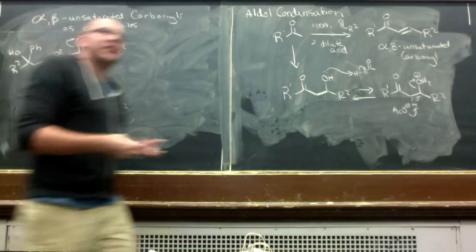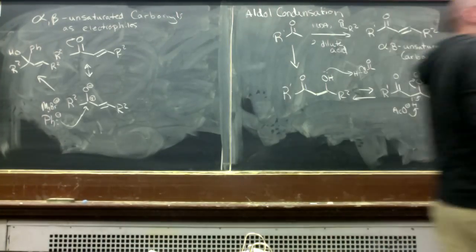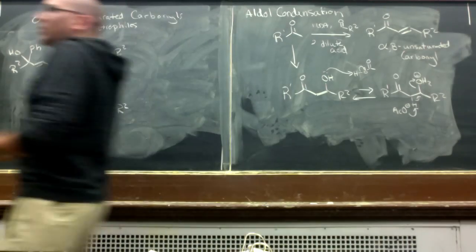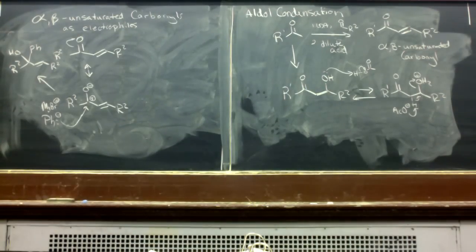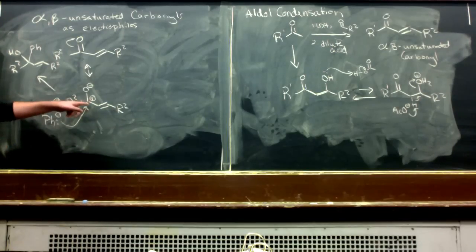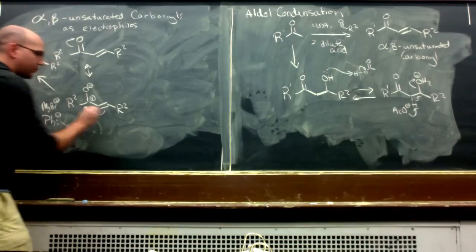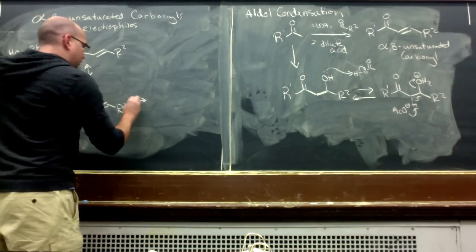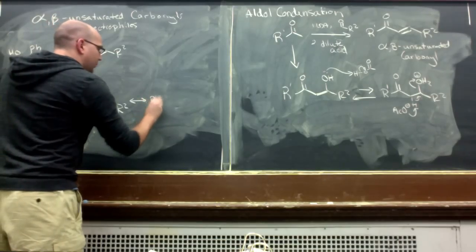But in the case of alpha-beta unsaturated compounds, one of the things that make them sort of special is that there's also a good deal of positive charge actually on the beta position as well. So this is the carbonyl, this would be the beta position, and we can rationalize that through resonance form. If we think about this molecule, this is the other resonance form.